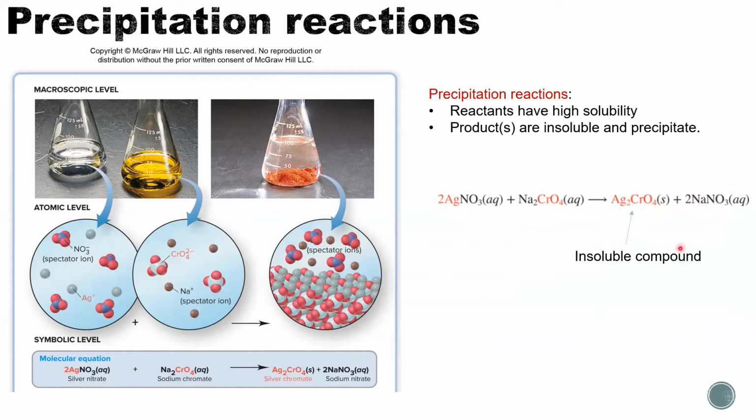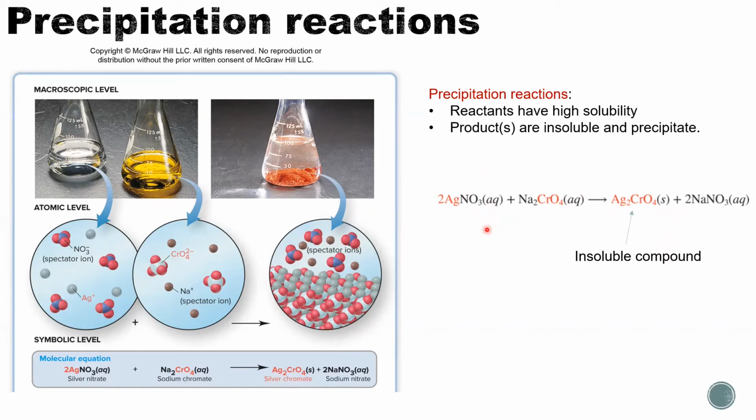Because of this insoluble compound, it's a precipitation reaction. And you can see after each reactant or product, we put the status of this compound in parentheses. AQ means aqueous, S means solid, L means liquid, G means gas.